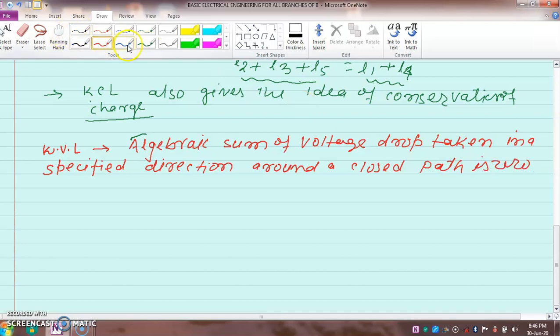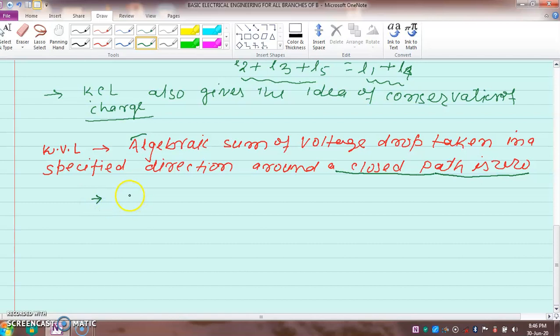This is a very interesting law, which is around a closed path. This point must be kept in mind. In the next video, I will discuss some numericals based on this. So around a closed path, the algebraic sum of all the voltages taken in a specific direction is zero.